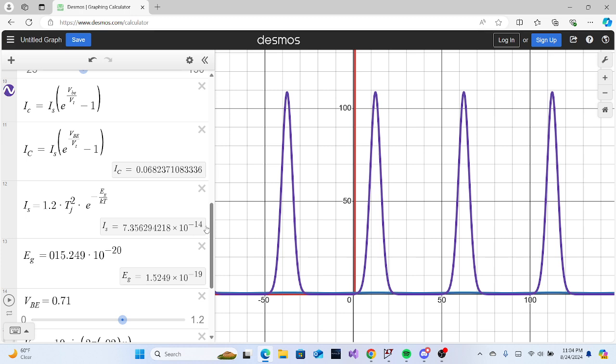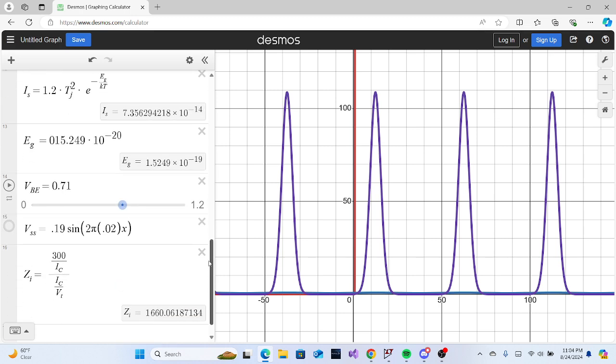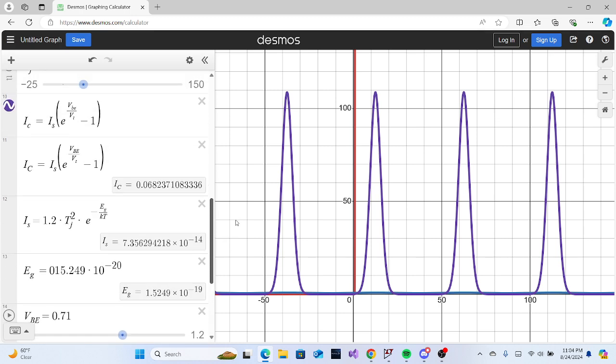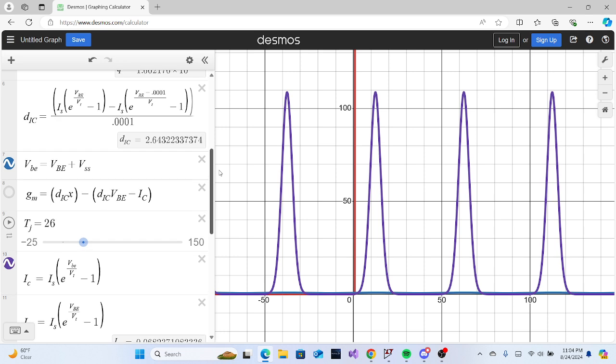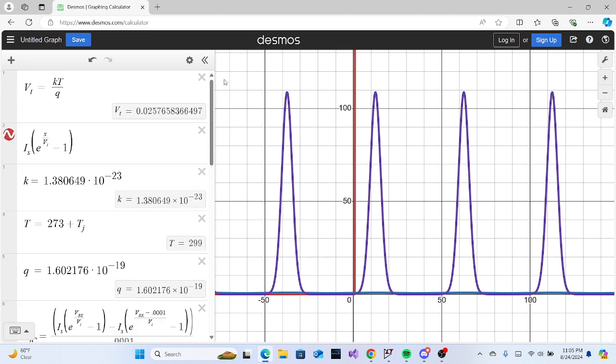I mean, what do you do? Oh, I mean, that's like 100 amps, you know? Is that amps? Is that milliamps? It's got to be milliamps, right? I don't see anything that's making it milliamps.